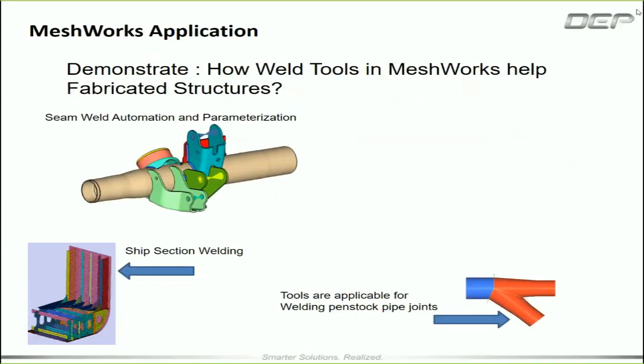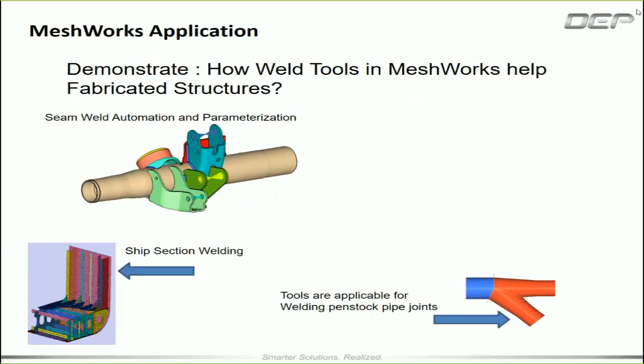And this is about the welding tools in Meshworks, which help larger fabricated structures merge together by doing seam weldments. Here we have different types of welds, like capturing a heat affected zone for heat transfer, weld propagation analysis, ship sections welded together to form a single model, or welding penstock pipes in hydraulic power systems.